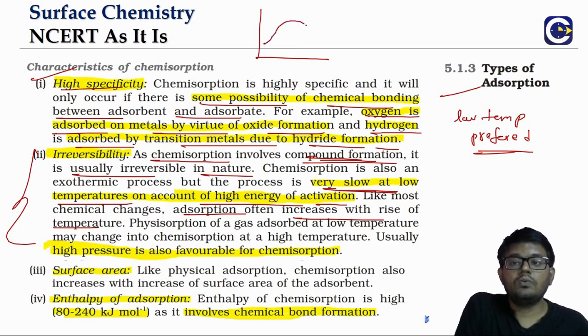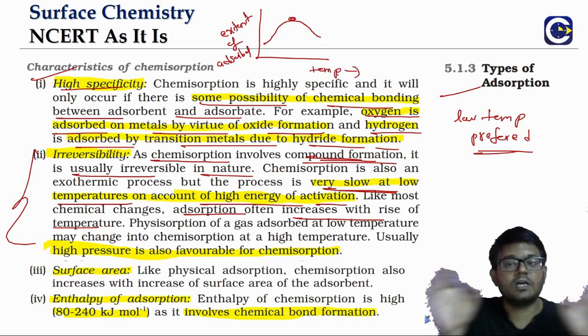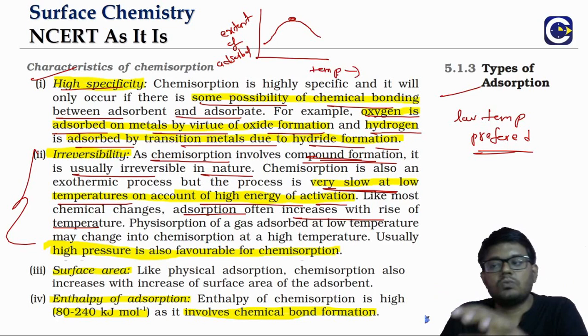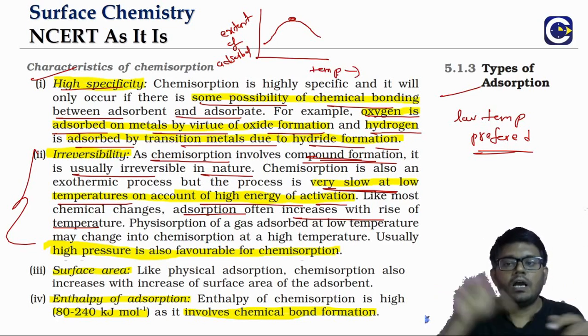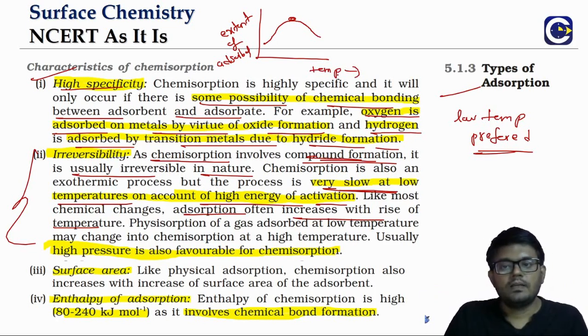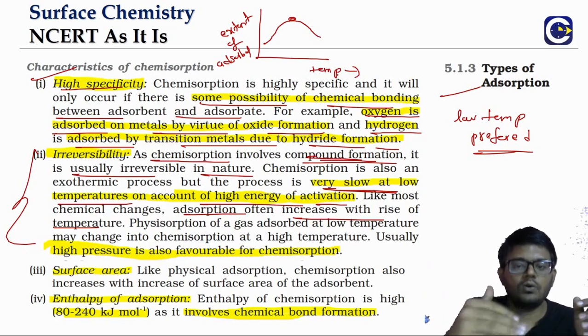Initially it will be low, then we reach a higher value. After that, if you keep on increasing temperature, it will decrease again, because at the end of the day this is also exothermic. High temperature is not preferable, low temperature should be preferable. But what is the problem with very low temperature? The molecules don't have sufficient activation energy for undergoing the chemical bonding.